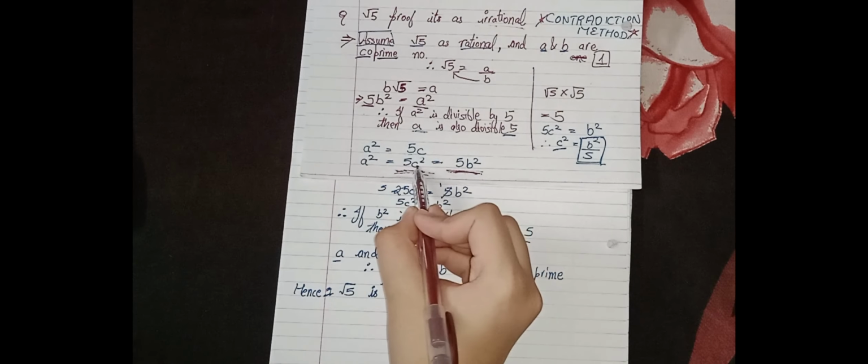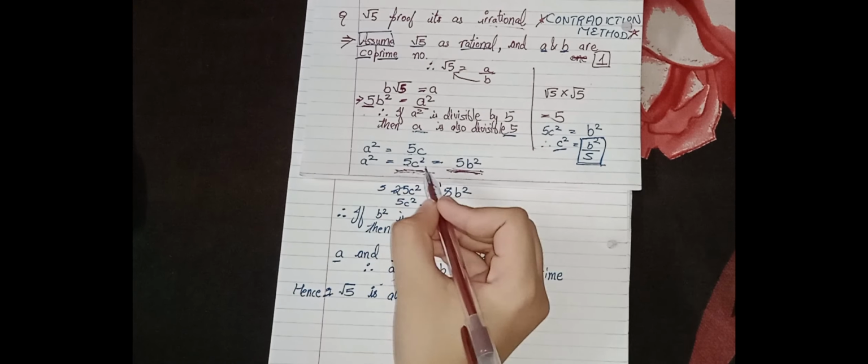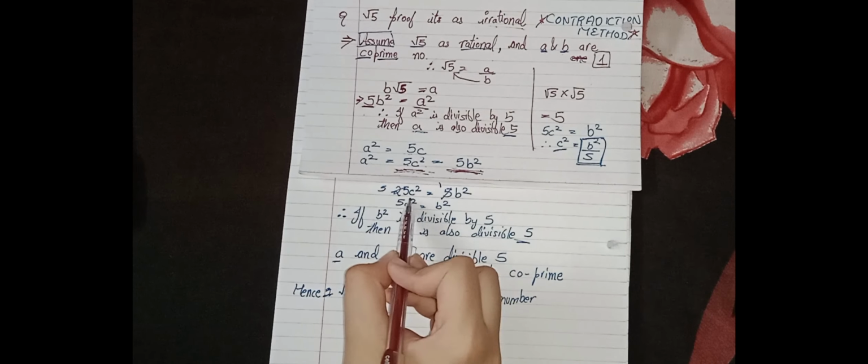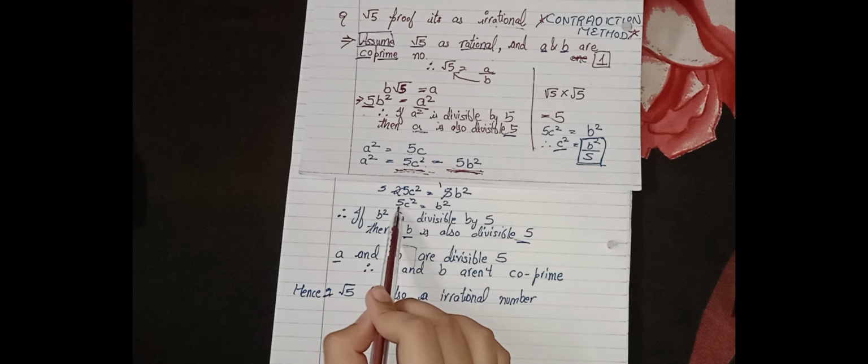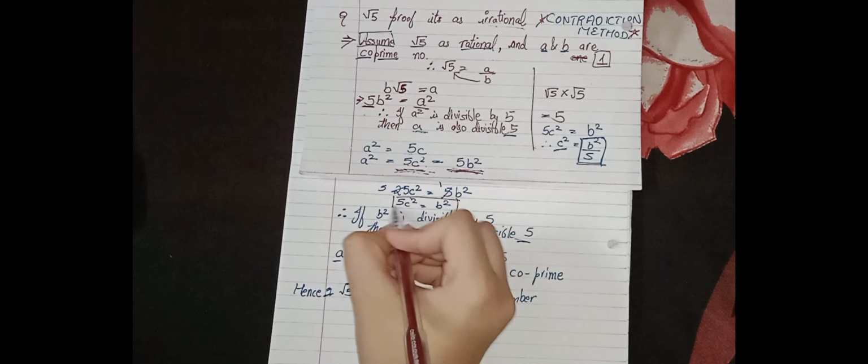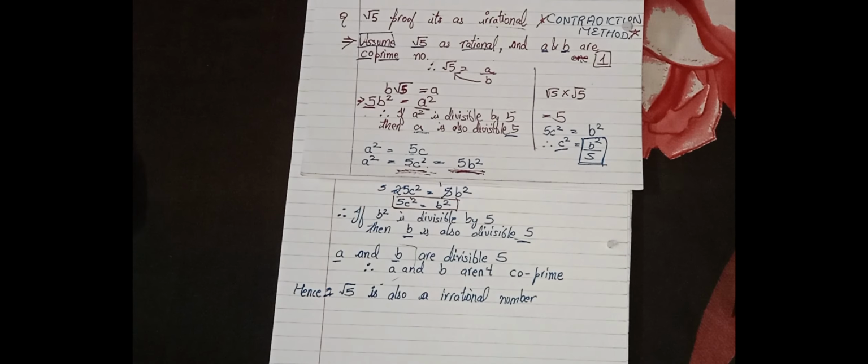So 25c square is equal to 5b square. If we cancel out, we get 5c square is equal to b square. Again the same thing: if b square is divisible by 5, then b is also divisible by 5.